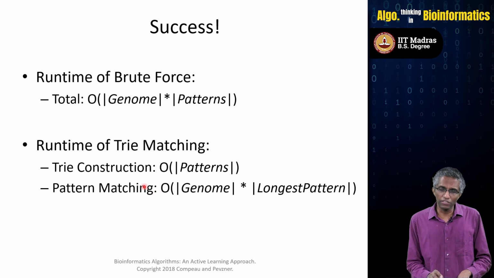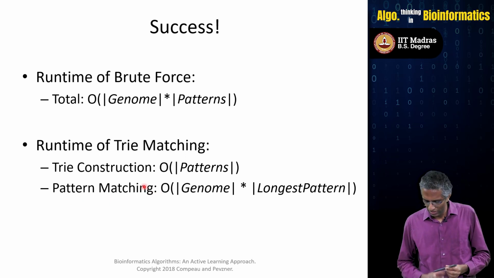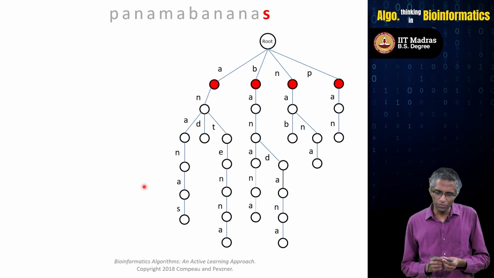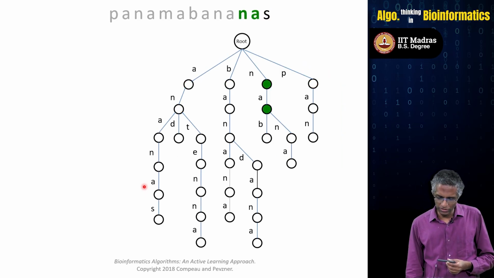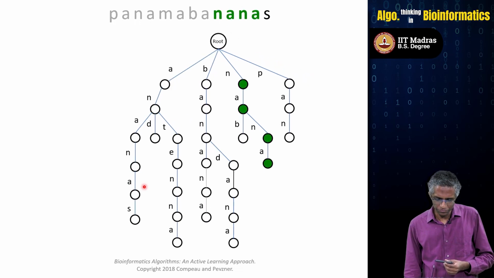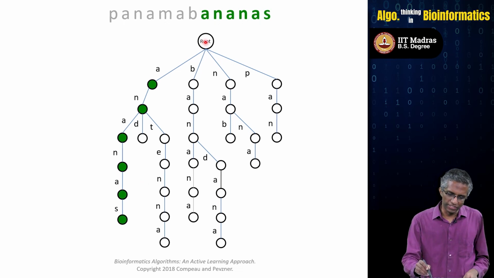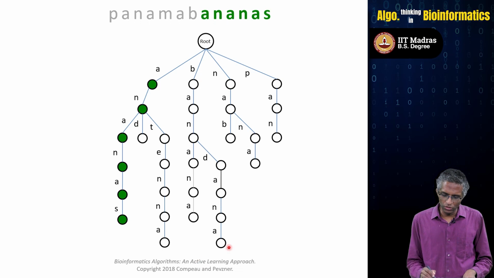Pattern matching itself, we were scanning this genome from left to right, and at each of those positions you need to start. The longest, for instance, was this one, right? Something like this, right? So you have to start from a root and then you'll have to go along one of these branches all the way down to a leaf.